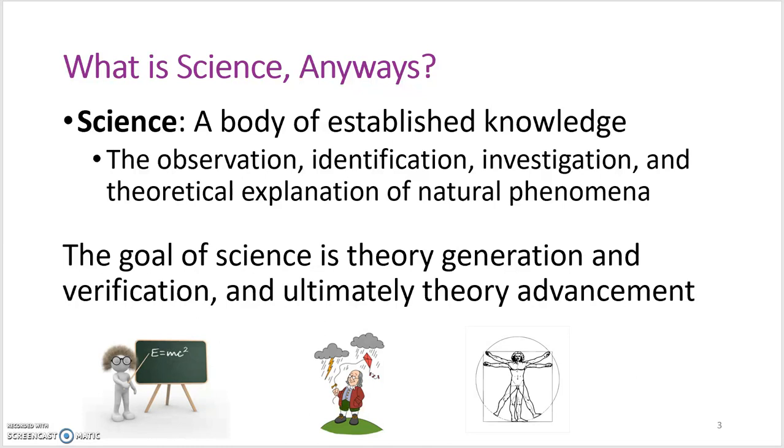So researchers and statisticians like myself, and like many of your other professors, are all considered scientists, in that for our work, we are constantly testing different theories so that we can update or advance these theories based on our results. The goal of our work is theory advancement.